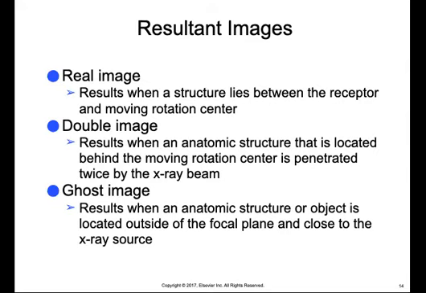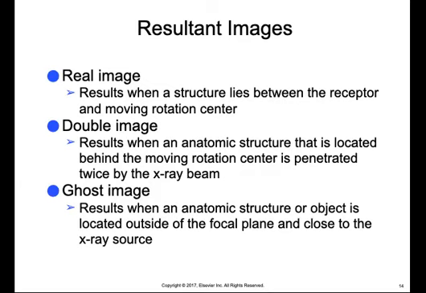A real image results when a structure lies between the receptor and moving rotation center. A real image is a true image and it appears in the correct anatomical location with varying degrees of sharpness and distortion. A double image results when an anatomical structure that is located behind the moving rotation center is penetrated twice by the X-ray beam.